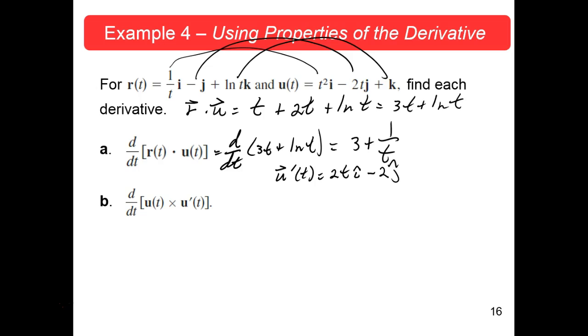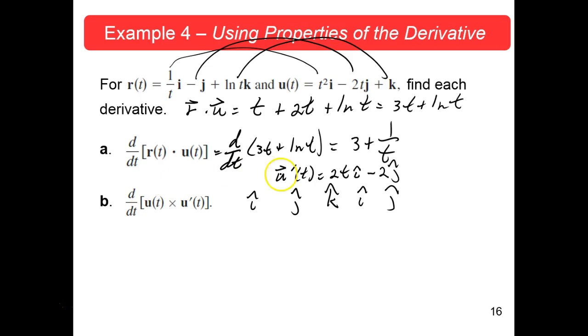Okay? Now remember what I said was probably a fairly easy cross product. You do the i, j, k, and then repeat the i and the j. This is how I like to do it. If you like to do it another way, do it. Knock yourself out.